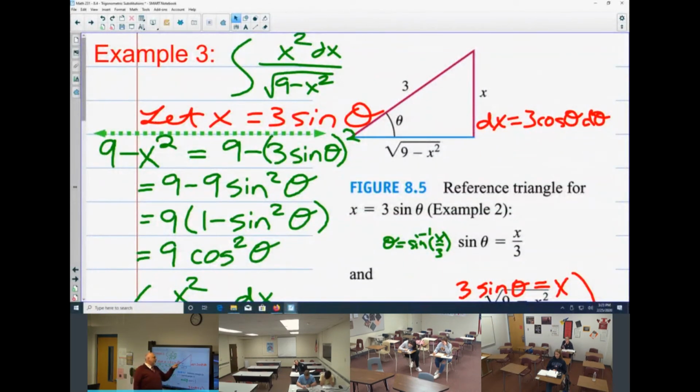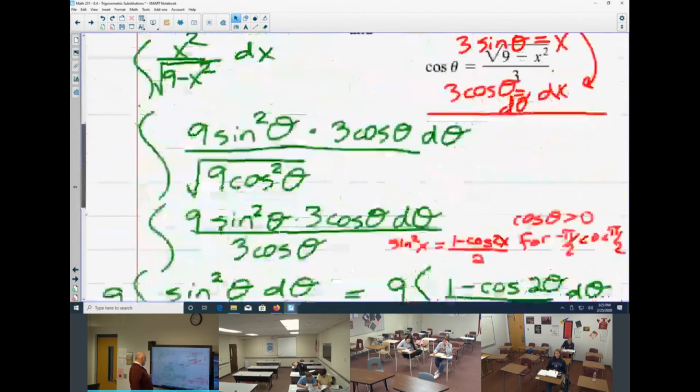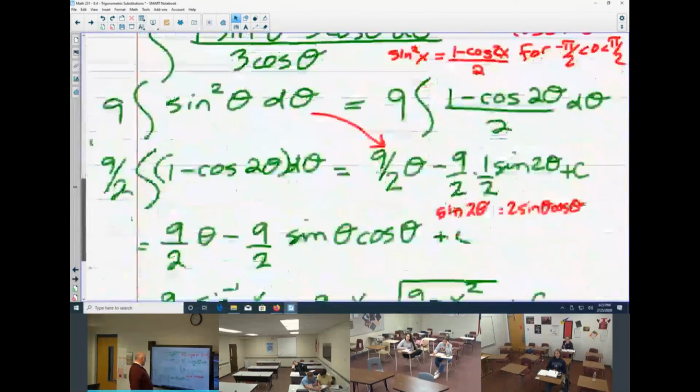There are a lot of ways that we can rewrite theta, but the easiest is to say that since the sine of theta is x over 3, then theta is the inverse sine of x over 3. Okay? So we rewrite theta as the inverse sine.